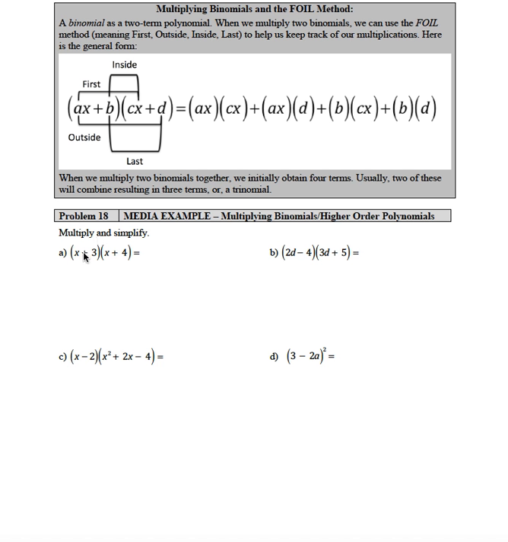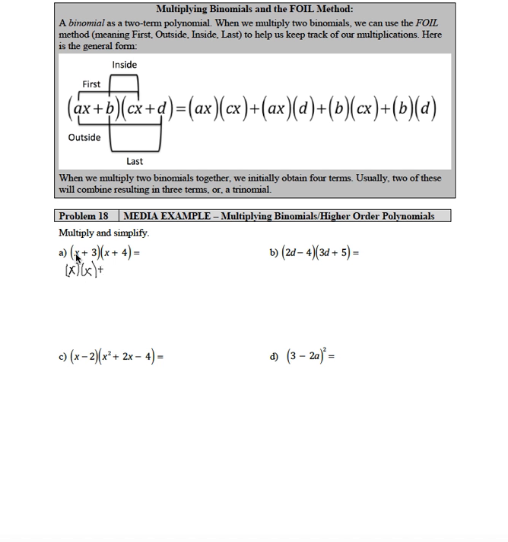Multiply and simplify x plus 3 times x plus 4. So if I use the FOIL, the first is x times x, so I'm just going to write it down here, x times x, and I'll go ahead and use parentheses. And everything is plus, we don't have to worry about that.